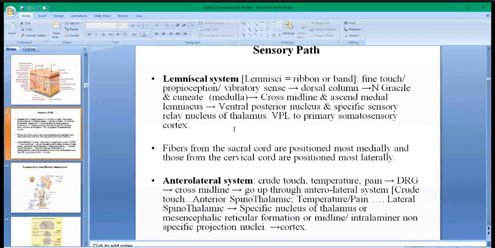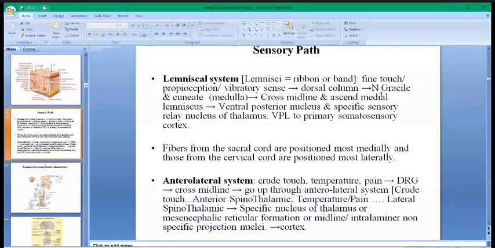Outside the central nervous system, a collection of cell bodies is a ganglion. Inside the central nervous system, a collection of cell bodies is a nucleus. The nucleus gracilis and nucleus cuneatus are both in the medulla oblongata.